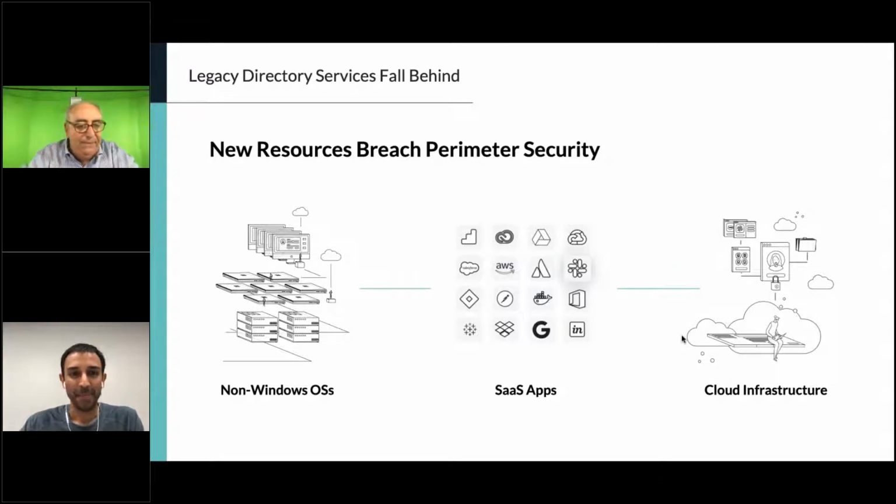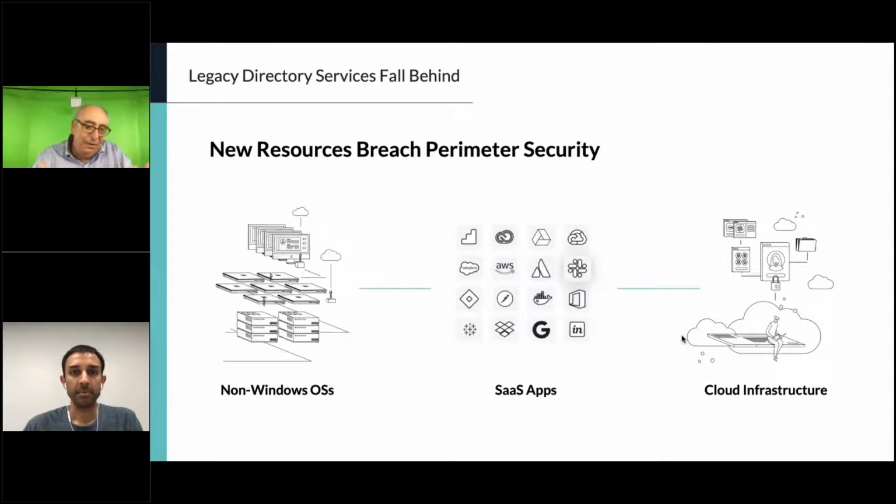Yep. So I've laid it out here, Raj. We don't rely predominantly on Windows like we did. We live in a SaaS ops world where these third-party apps that we rely on to make us go, we don't manage them. They're not our infrastructure either. We just connect to them. And then the cloud infrastructure itself that we use is everywhere and anywhere, right?